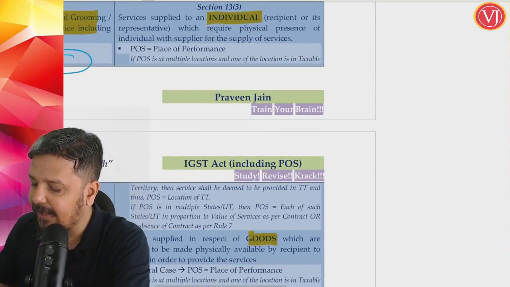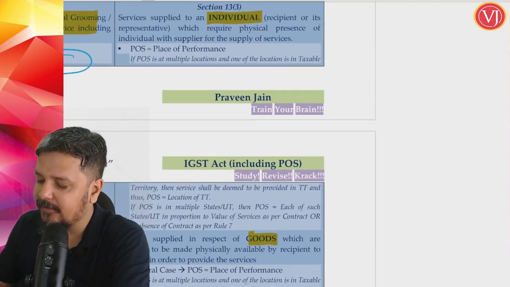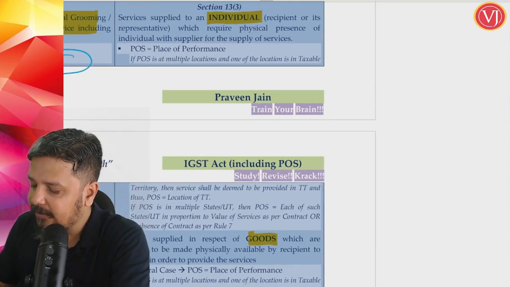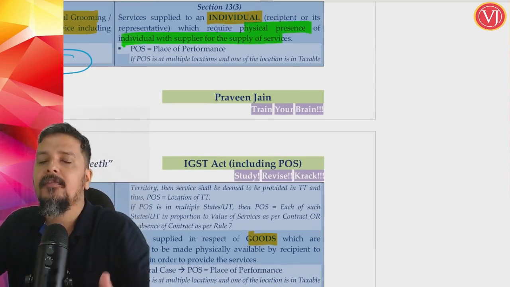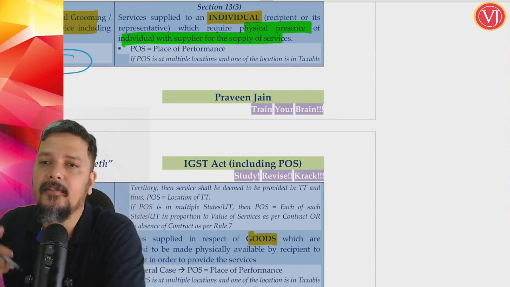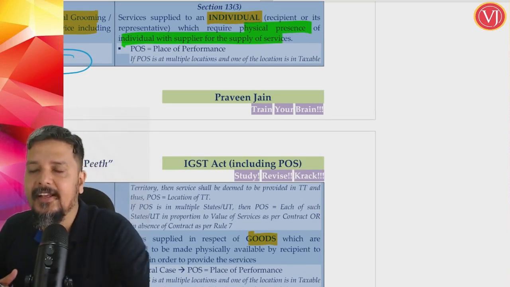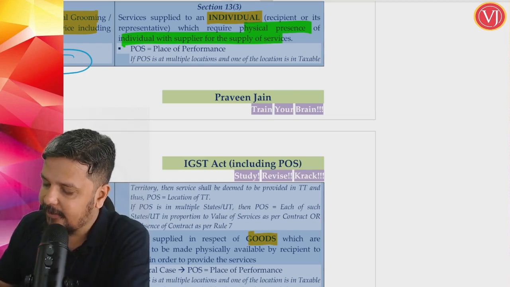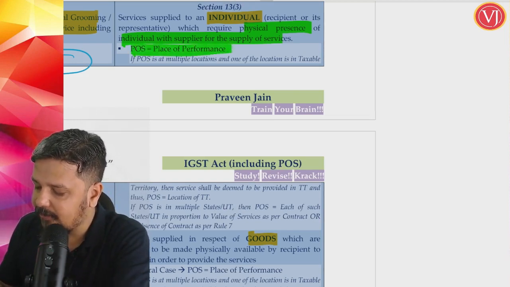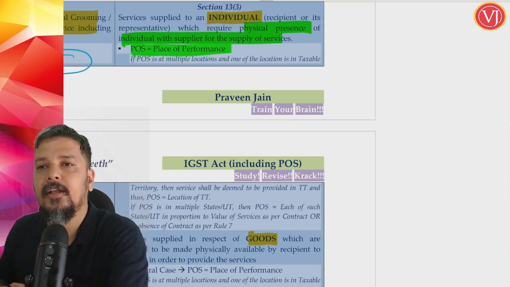In that case, when you talk about performance-based services, it is but obvious where the physical presence of the individual is required. Only if you come physically, I can perform the services on you. In that case, your place of supply is location of performance.